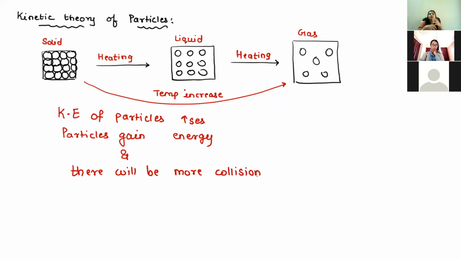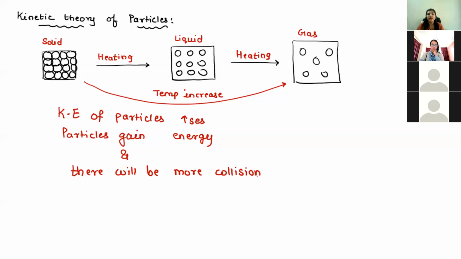The particles will collide more frequently, and that's the reason gas exerts pressure. Liquid does not exert pressure, neither does solid, but gas exerts pressure because in the gas they have very high energy and they frequently collide with each other.